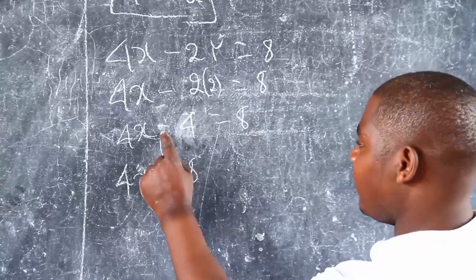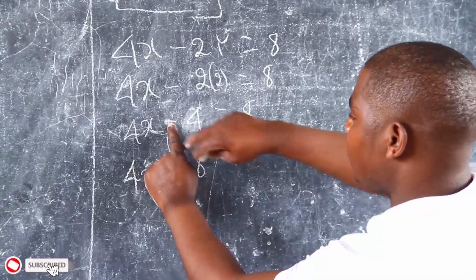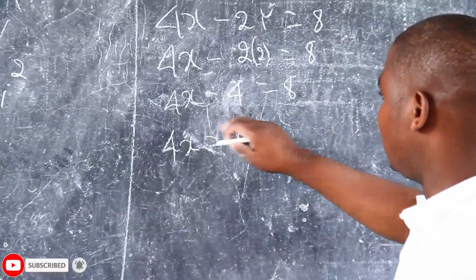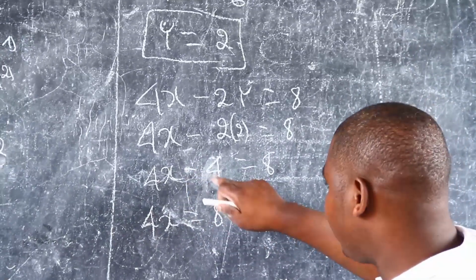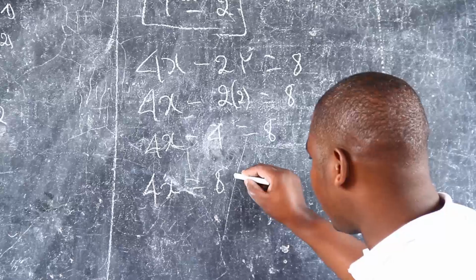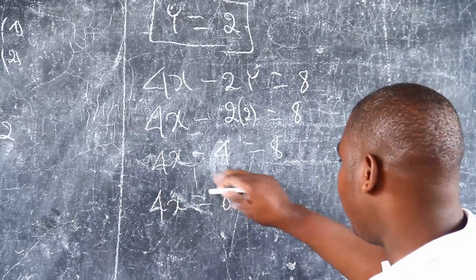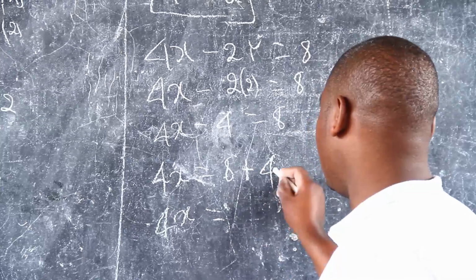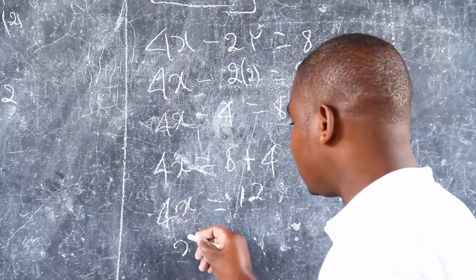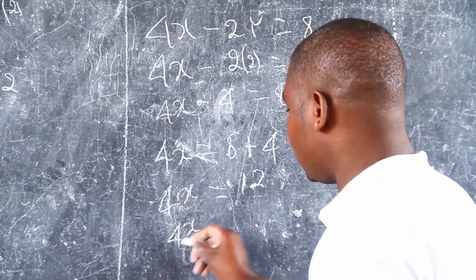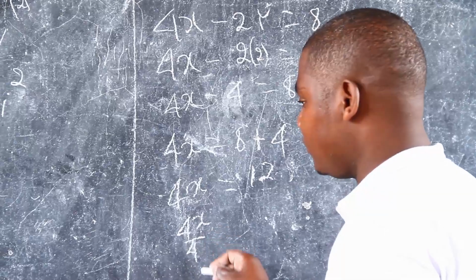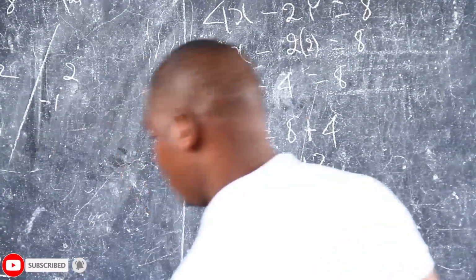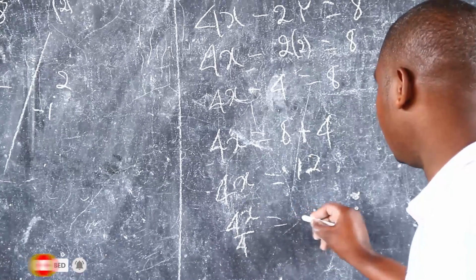If I have negative, when you remove it to the other side it will be positive. Right now, I have 4x will be equal to 12. 4x over 4, yeah, sorry, will be equal to 12.